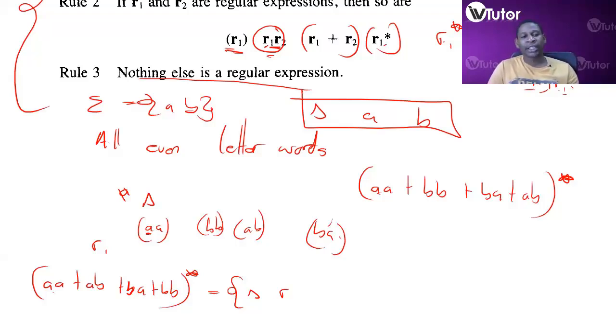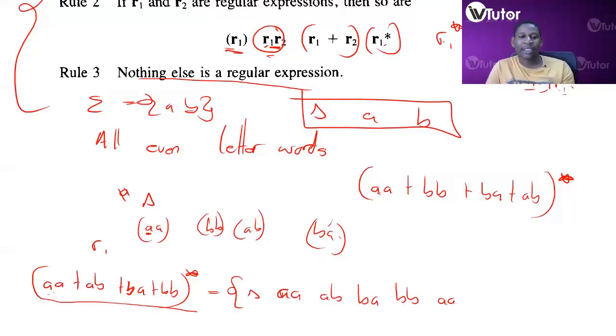If you choose aa on this round, then you've worked on this bracket. So you could choose aa, or ab, or ba, or bb. If you do R1, the first go, you choose aa. The second go, it's not mandatory, you can choose aa again. You can choose any of the elements inside of R1.